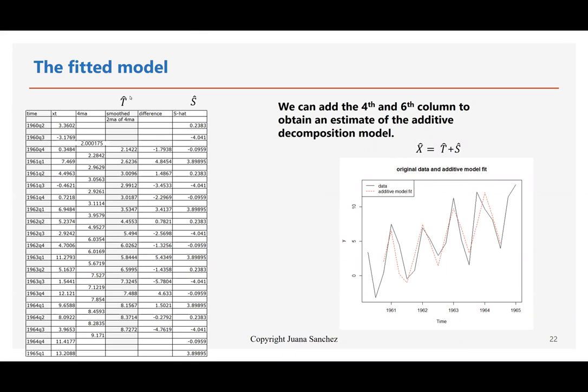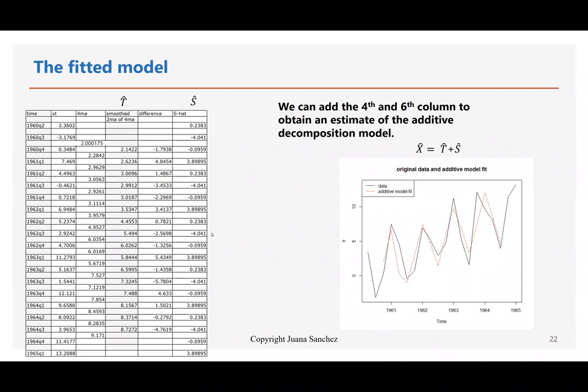So let's look at the T hat and S hat together. The S hat has for each quarter the same values. Quarter 2 has 0.2383. Every quarter 2 is going to have 0.2383, right? So that's why they're called seasonal effects. They repeat every year.